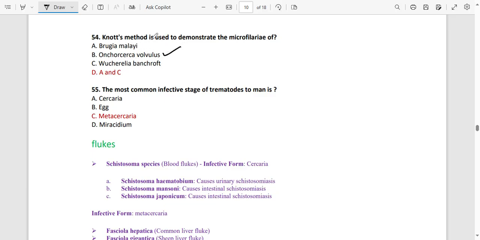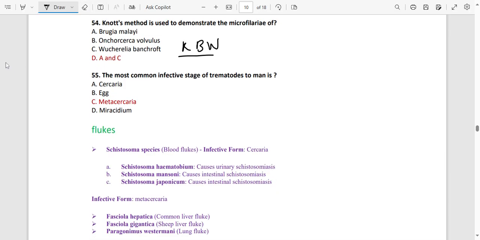This is also a filarial worm. So I can't say it is only used for filarial worms. So specifically it is BW, not BMW. So we are going to put K in front, KBW. The Knott's method is used for Brugia malayi and Wuchereria.